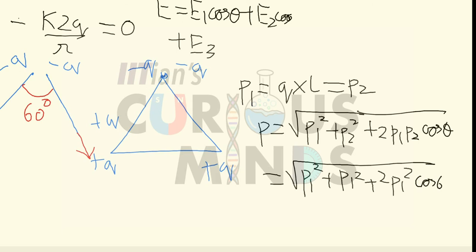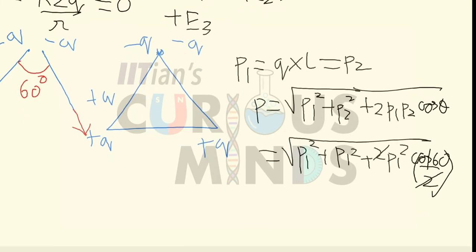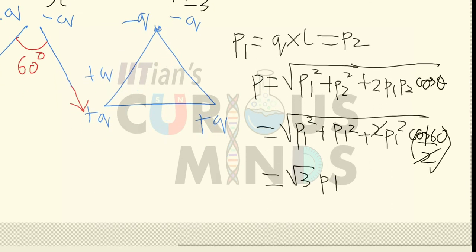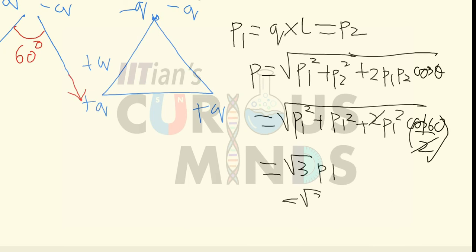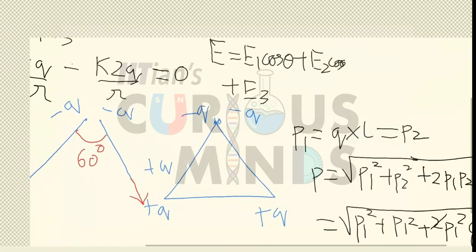Cos 60 over here is equal to half, so the 2 and the half cancel out, and it is equal to the root of P1 square plus P1 square plus P1 square, which is equal to root 3 P1, and P1 is equal to QL. So it is equal to root 3 QL. This will be the dipole moment of the entire system.